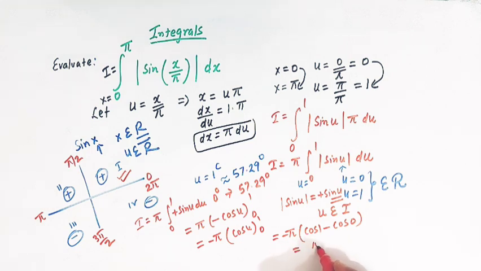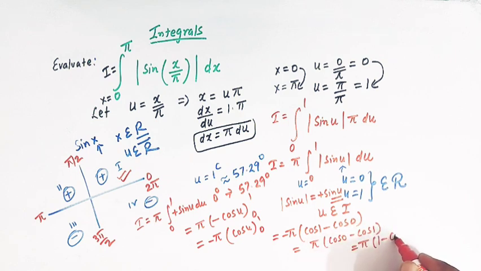Multiplying by the negative sign, we have cos of 0 minus cos of 1, so this is pi times 1 minus cos of 1, right? So the value of this integral I can be taken as pi times 1 minus cos of 1.